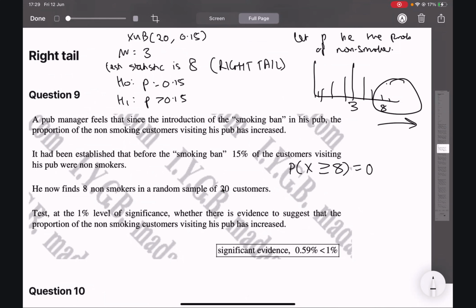So you get 0.0059. 0.0059 is less than 0.01. So that's a very low chance of having 8 non-smokers. So what should we do? Should we update our probability or keep it the same?